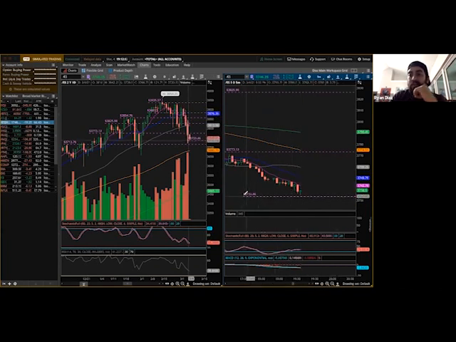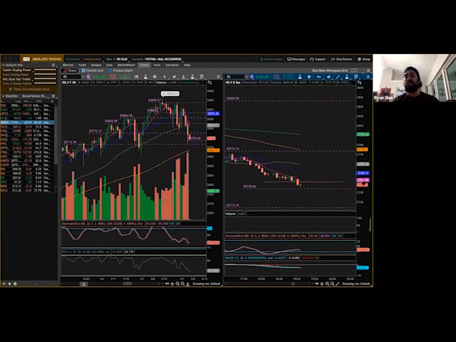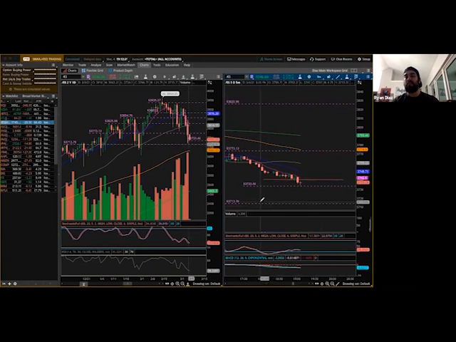So the buy stop limit order would be here. Let me change this. My stop would be 10 to 25% up here, whatever my entry candle was. So this is entry, this is stop, and then my target would be, of course, somewhere down here. And this is a bearish example.